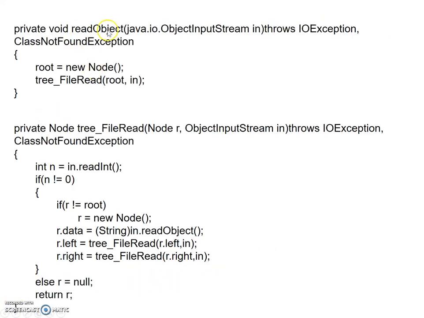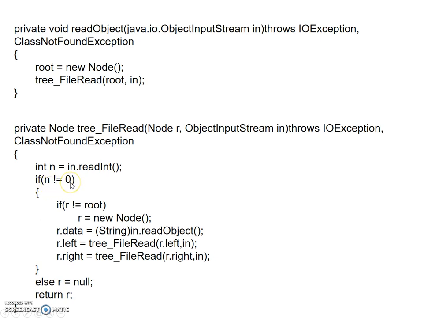So here's a sample of what my read object could look like. I'm going to be starting my root here, creating a new node, and then I'm calling a recursive function called tree file read, passing in the root and also passing in this input stream. So now here within my tree file read, I'm going to be first reading the integer. If it's not a 0, that means it is a node. If it is a 0, that means that it is going to be a null.